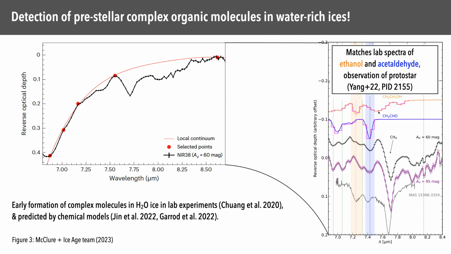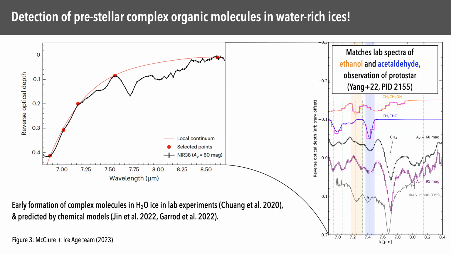So we matched some laboratory data to these features, and it looks like we have both ethanol, which is the kind of alcohol that you might drink, and acetaldehyde, which is this feature here in blue. And there have been a couple of other JWST programs that have targeted these features before in protostars. So this is another protostar fit here.